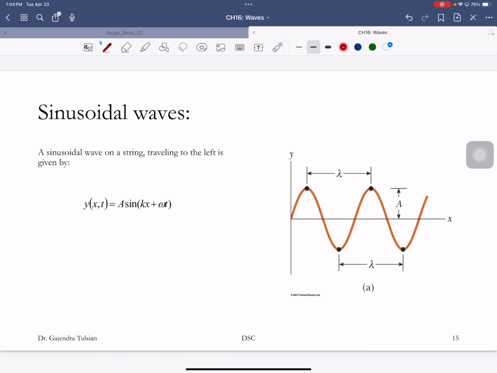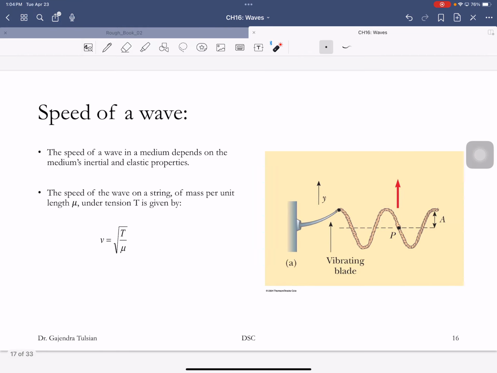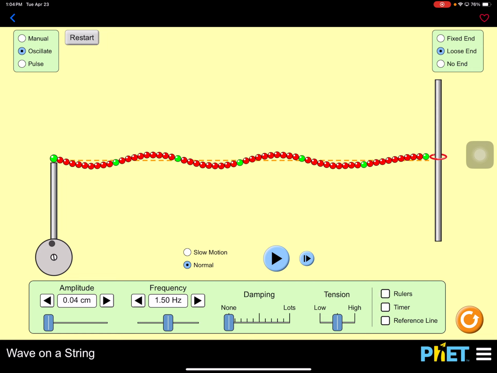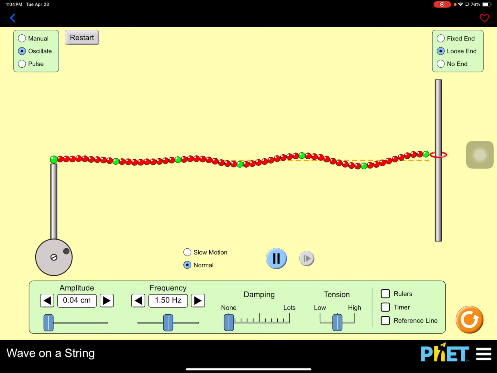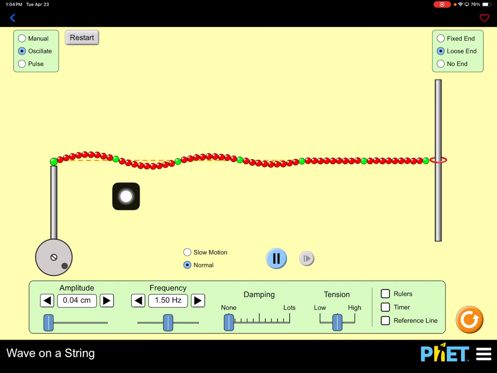What is this? A wave traveling to the left. All right, let me show you something. You can see that this wave is traveling to the right.